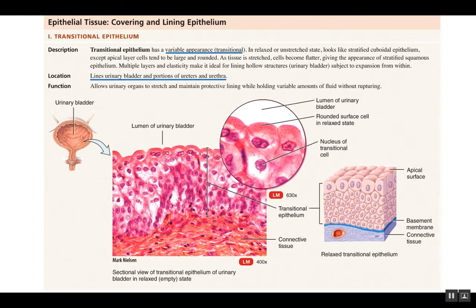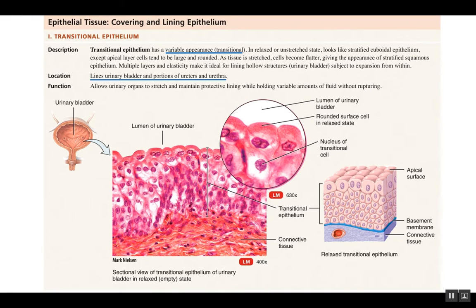So when this epithelial tissue is in its stretched state, it looks much flatter. Whereas when it's in a non-stretched or relaxed state, the epithelium looks thicker. This one's very difficult to identify because it looks like a stratified squamous.